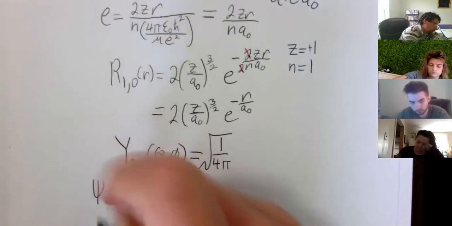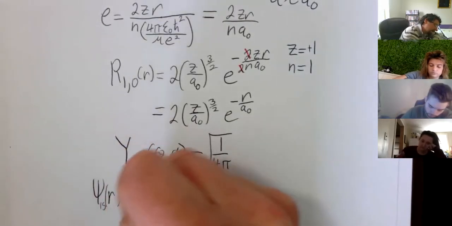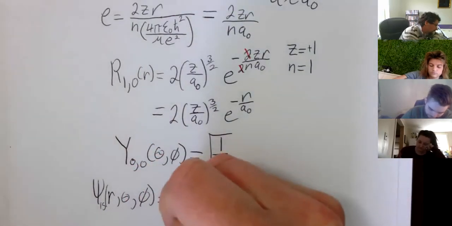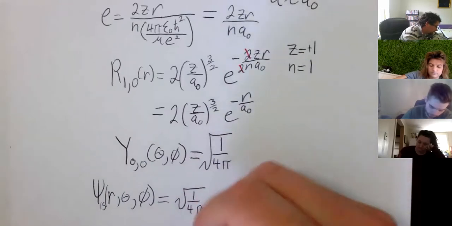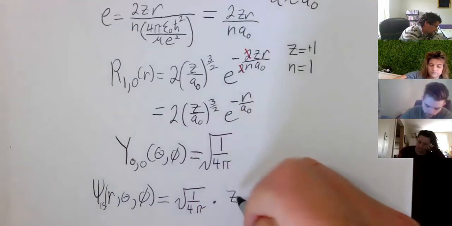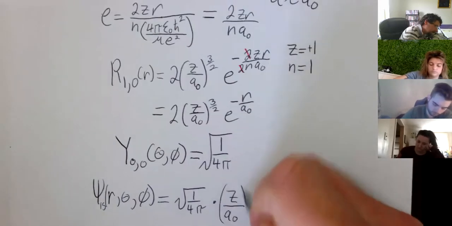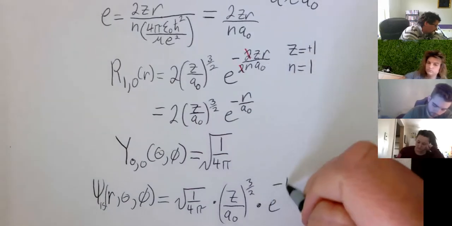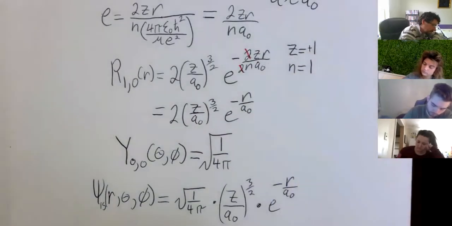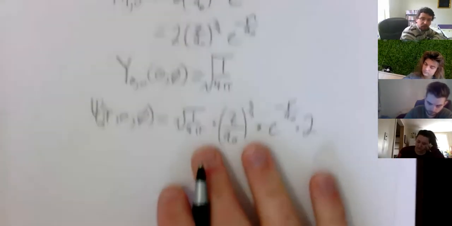The wave function for 1s of a hydrogen atom should be equal to 1/4 pi to the 1/2 times Z over A naught to the 3/2 times e to the negative r over A naught. We've got one thing in here though. What did we forget? Times 2. Yep. So let's simplify that then.